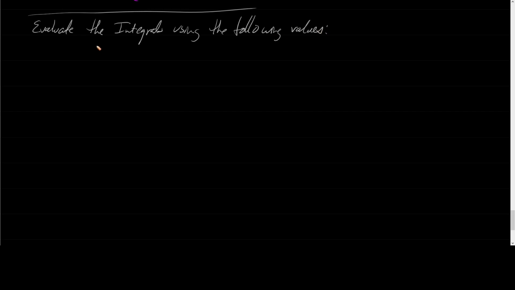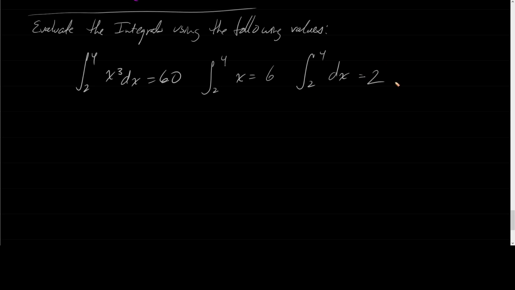So let's say I had that the integral from 2 to 4 of x cubed dx is equal to 60. Let's say the integral from 2 to 4 of x is equal to 6, and the integral from 2 to 4 of just dx, or I can say 1 dx, but we know that's an invisible one. Let's say that's 2, right?